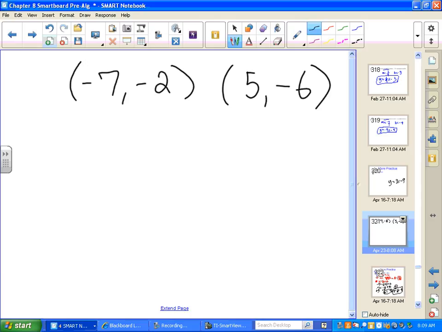Your slope's not right. You're good. Take your time. +4 over -12. And then simplify. You can use your calculator if you need to, okay? You're getting there. Your slope should be a fraction. All right, you're getting there now, Charles.